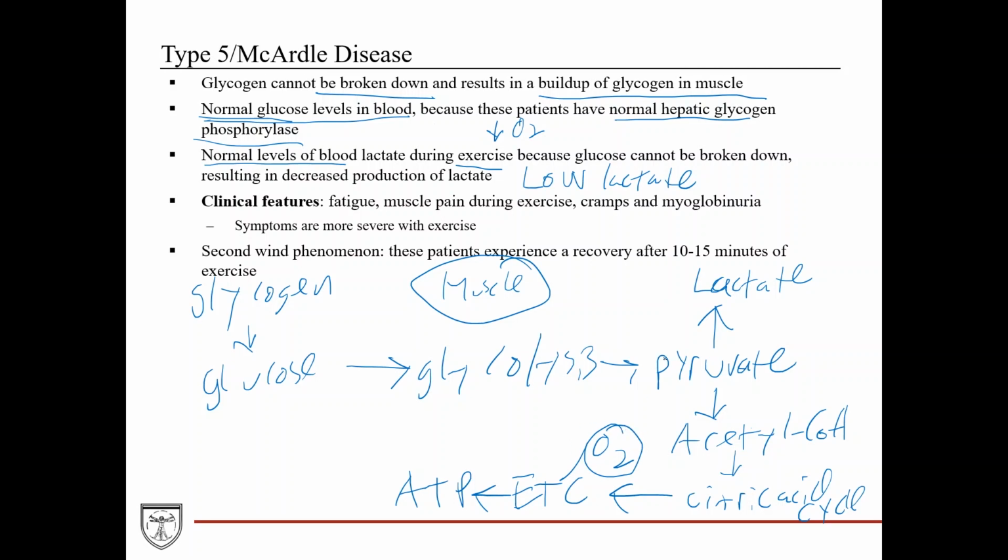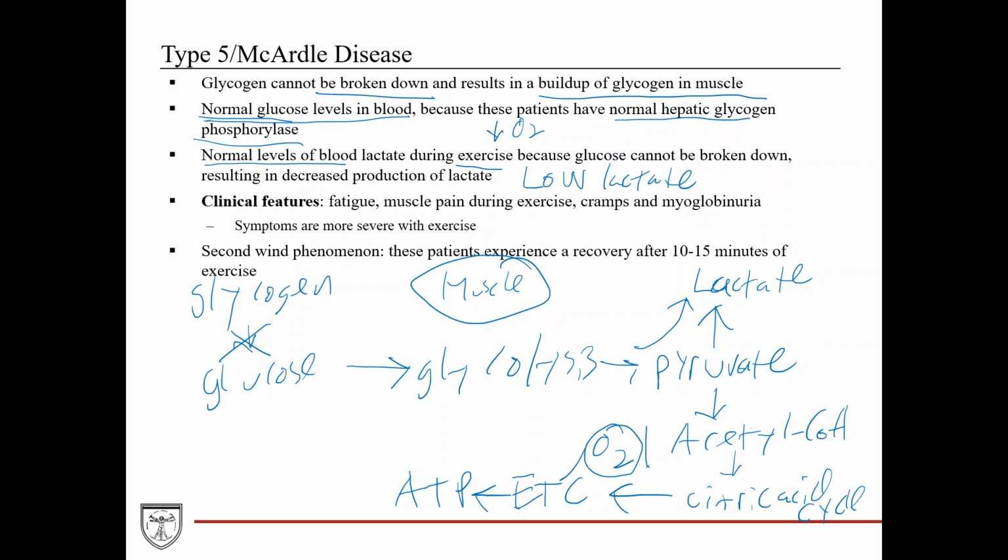And so what ends up happening is you shunt glycolysis towards producing lactate because you just don't have enough oxygen in a normal individual who's doing extensive exercise, using up a lot of oxygen. You just don't have enough oxygen to run the electron transport chain to produce ATP, so you've got to run towards lactate. However, in individuals with McArdle's disease, in the muscle tissue, they're not able to efficiently break down glycogen. And so the level of glycogen is actually appropriate for the level of oxygen.